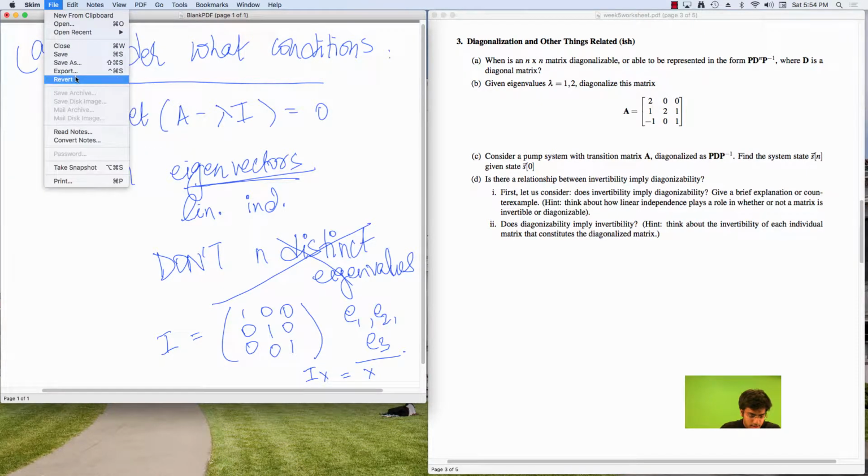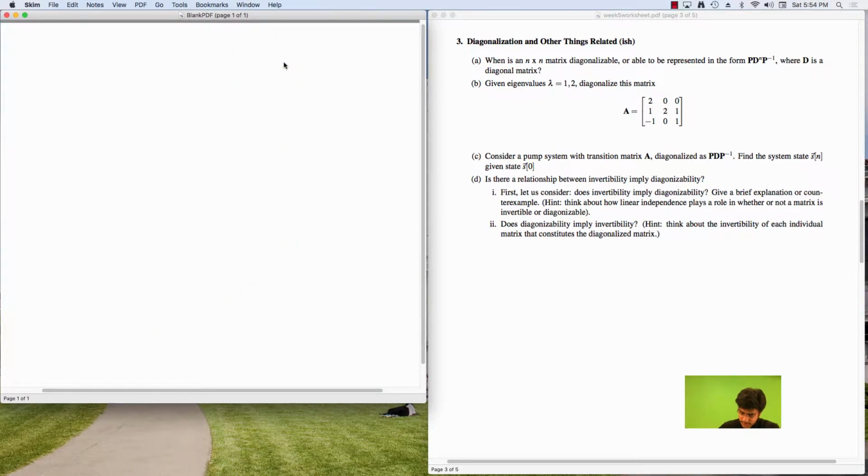And now let's talk about part B. Part B asks us, given some eigenvalues, to diagonalize a given matrix. So OK, let's start with the case of lambda equals 1. In that case, A minus lambda I is A minus I. And this matrix is [1, 1, -1], [0, 1, 0], [0, 1, 0].